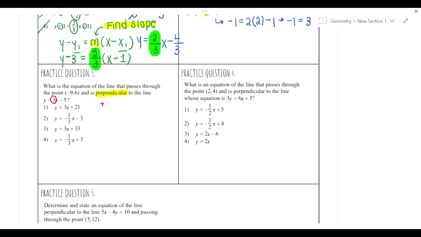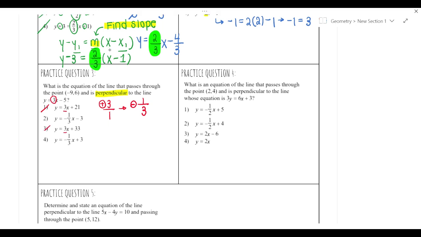The opposite reciprocal slope of 3 is going to be -1/3, because the opposite sign of positive is negative, and then if I flip 3 over 1, I get 1/3. So -1/3 is going to be the slope for this perpendicular line. Okay, so immediately I can cross out option 1 and option 3.